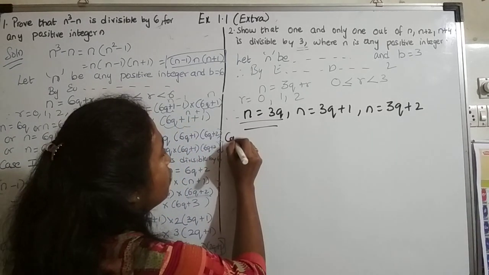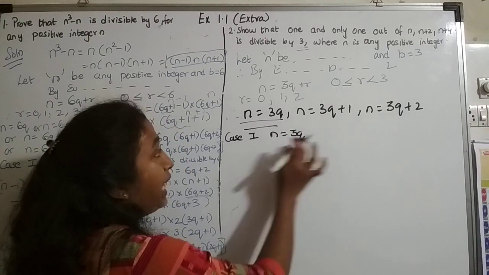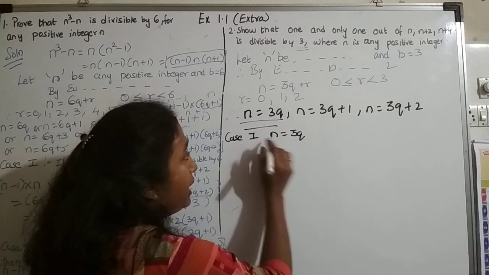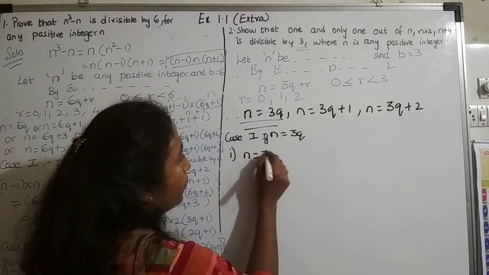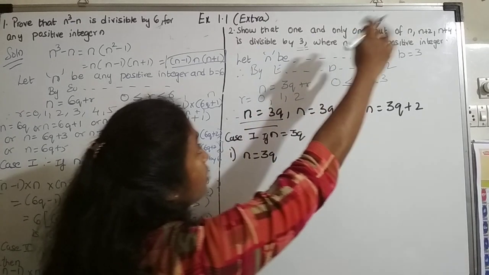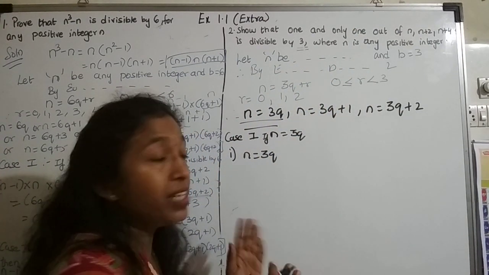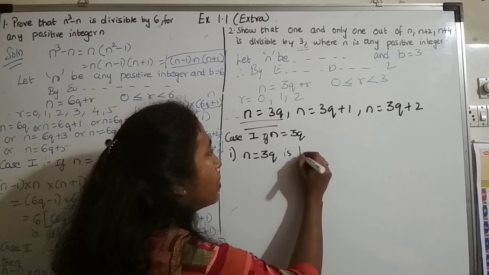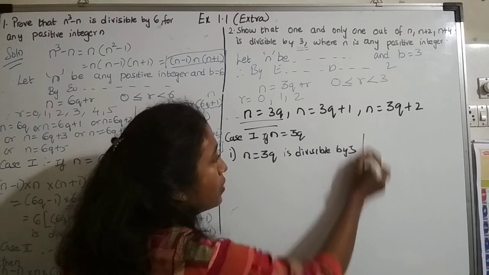Let's take case 1, n equal to 3q. If n is 3q, then n is divisible by 3, since it is 3 into something.